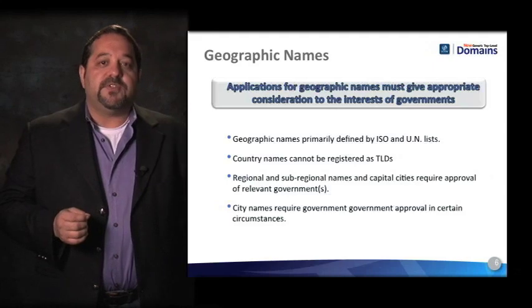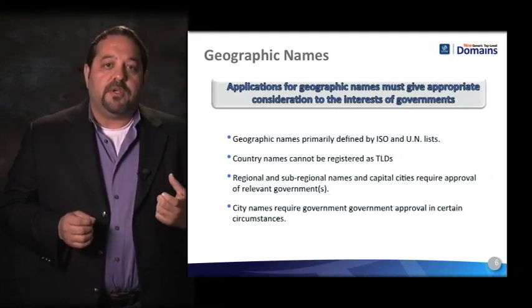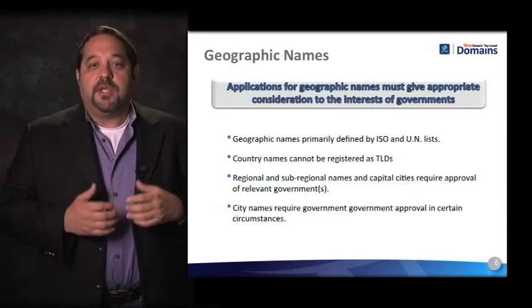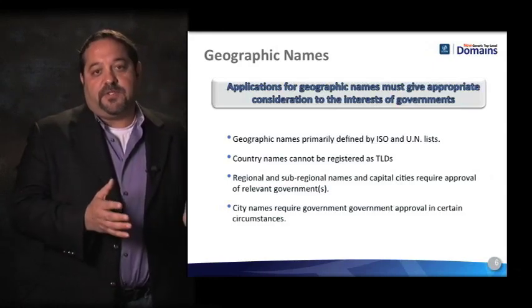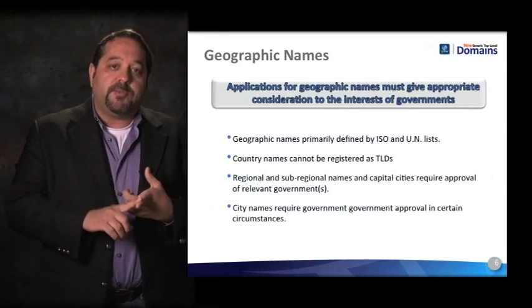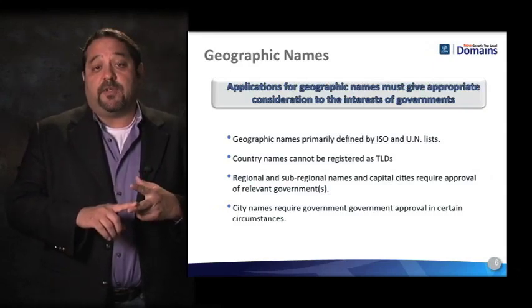In addition, some city names may be considered geographic names. What I think is important here is that there's some additional work that you as the applicant will have to do. If you are deemed a geographic name or you designate yourself as a geographic name, you will have to get a letter of support or non-objection from the government that represents that particular geographic name.